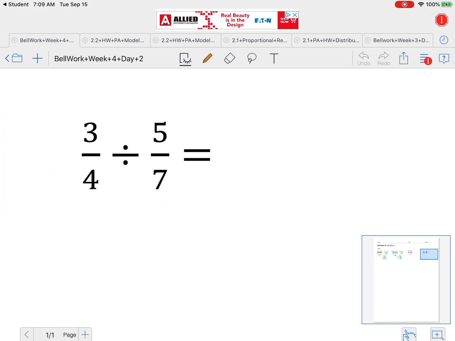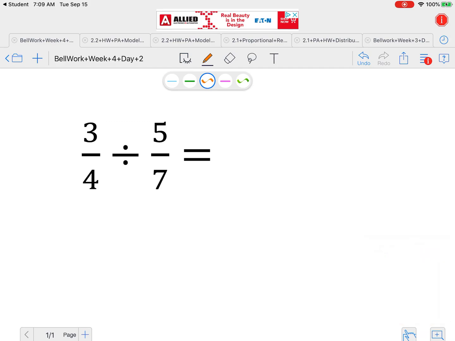And then dividing fractions. So this one, the first thing I need to do, some kids told me that they did keep, change, flip, KCF. So I'm going to keep the first fraction the same, 3/4.